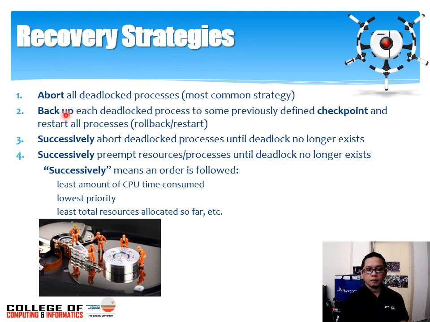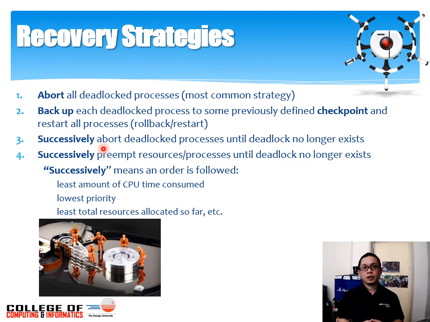Secondly, back up each deadlocked process to some previously defined checkpoint and restart all the processes all over again, which is the rollback and restart process. Third, try to successively abort deadlocked processes until deadlock no longer exists. So for example, you have P1, P2, and P3. Those processes are deadlocked.